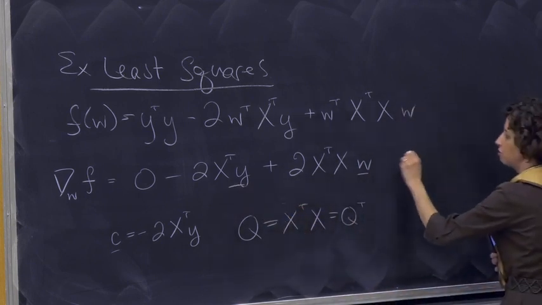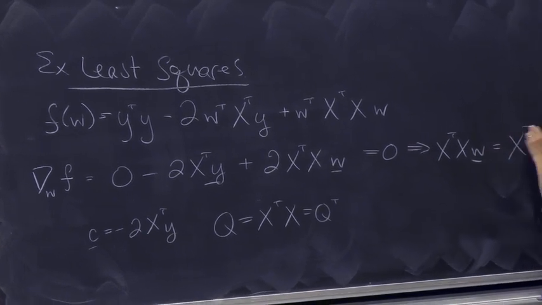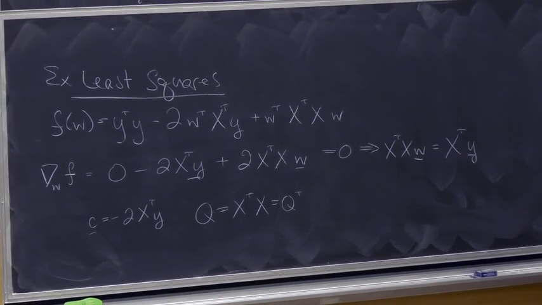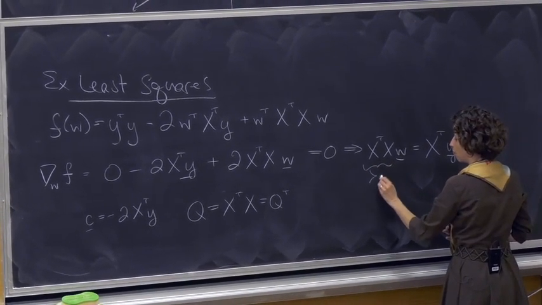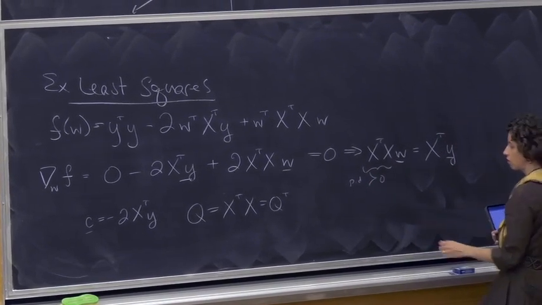And now what we can do is set this gradient equal to 0. That tells us that x transpose x w needs to equal x transpose y. And when x transpose x is positive definite, which we talked about earlier, then we can take its inverse.